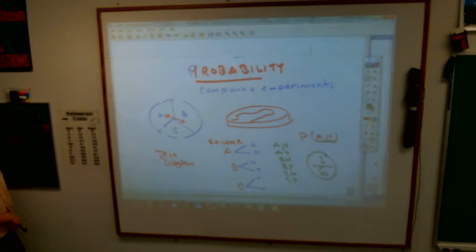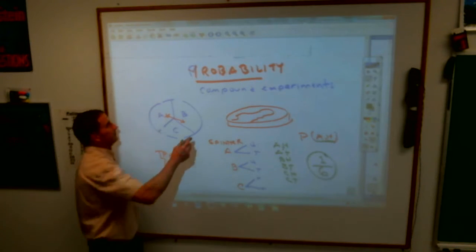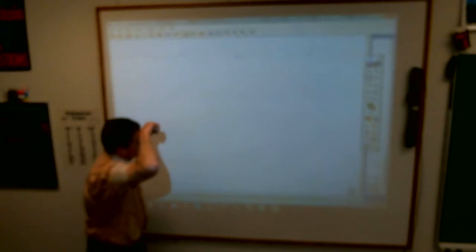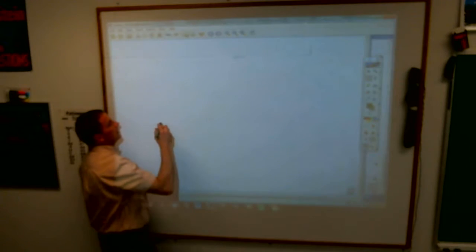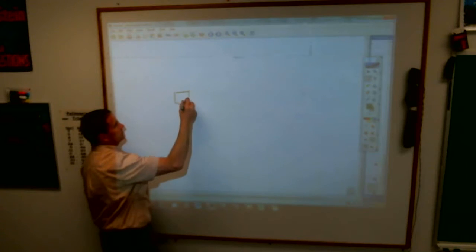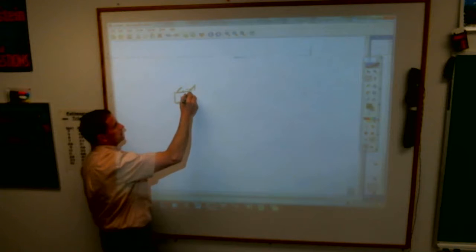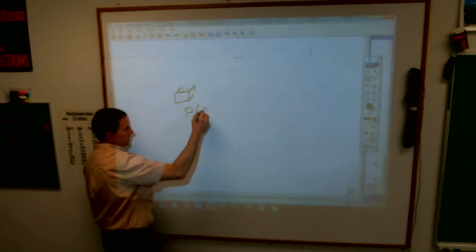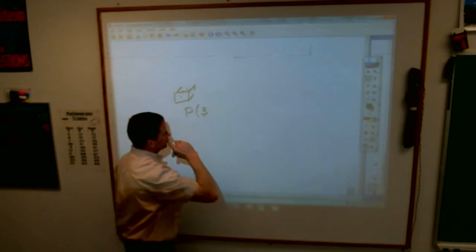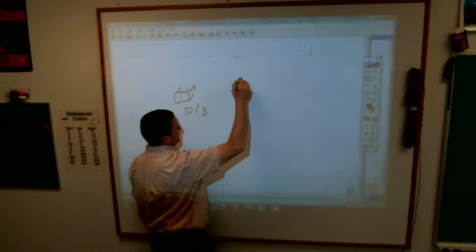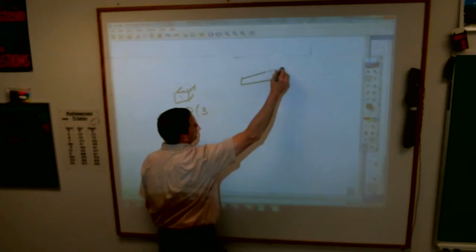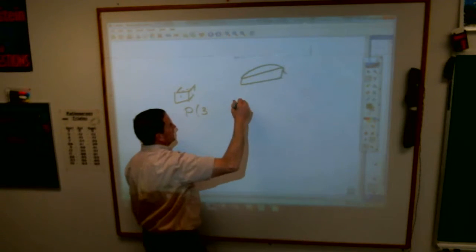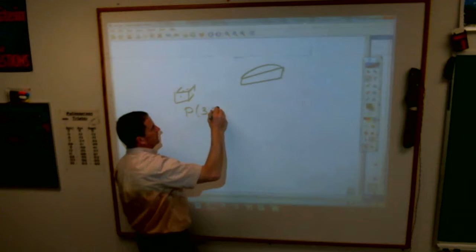Now, with that being said, you probably don't always want to have to draw tree diagrams because it could get complicated. What if I said, okay, you've got a dice, what's the probability of rolling a 3, and then let's do the coin again, and getting a tail this time.